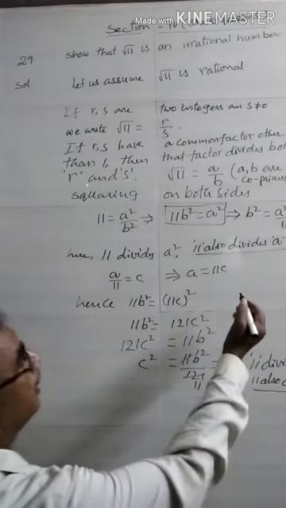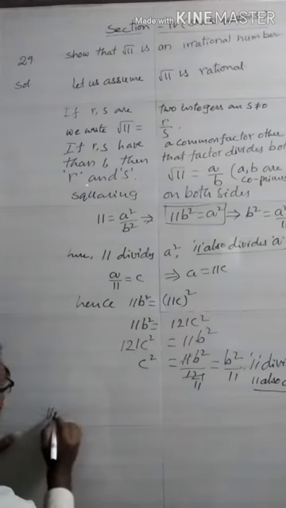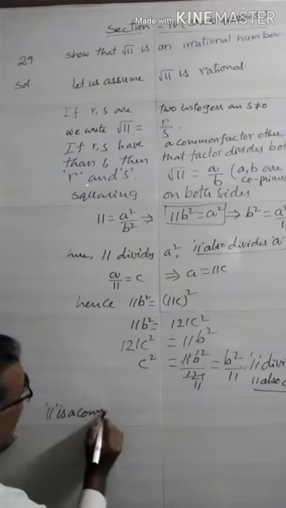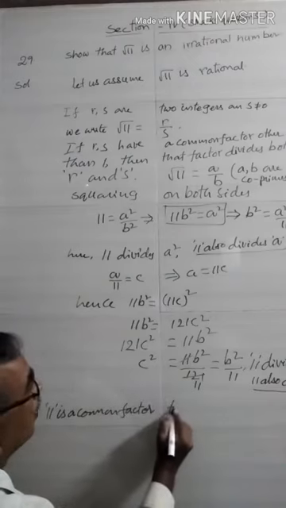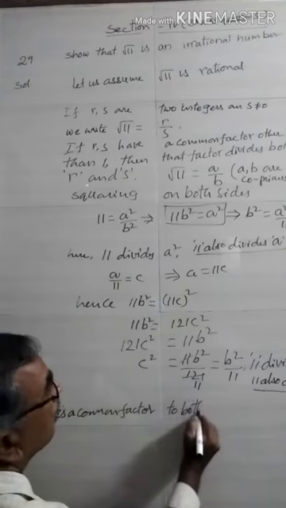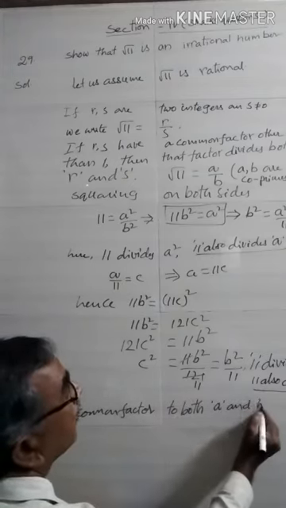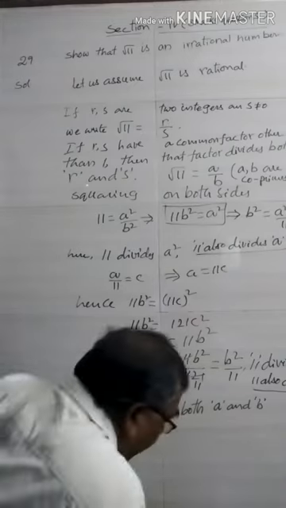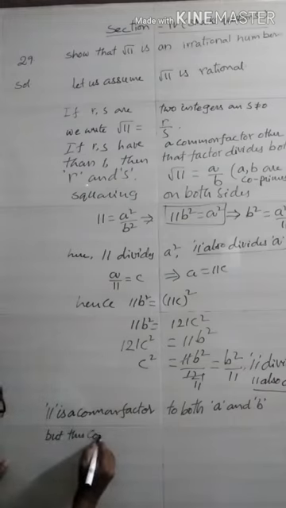That means from this one and this one, 11 is a common factor to both A and B. But this contradicts the fact.